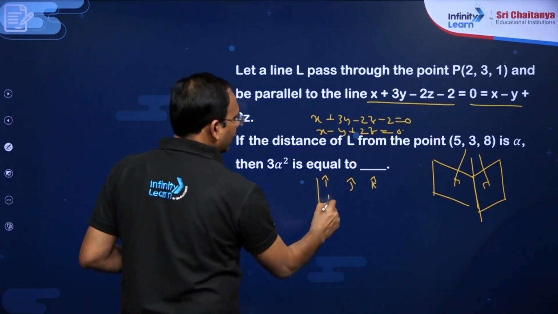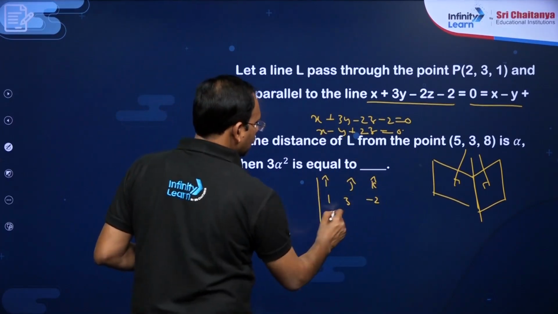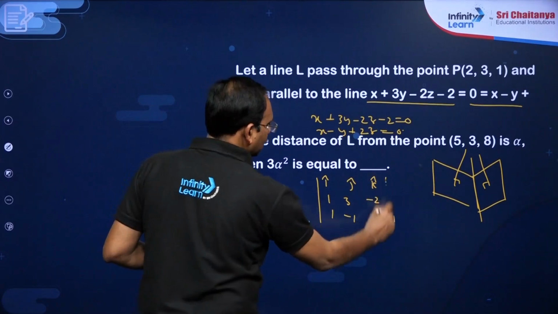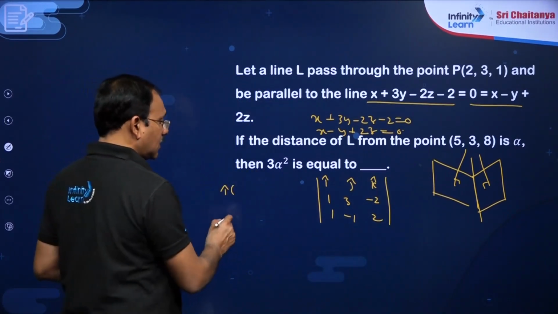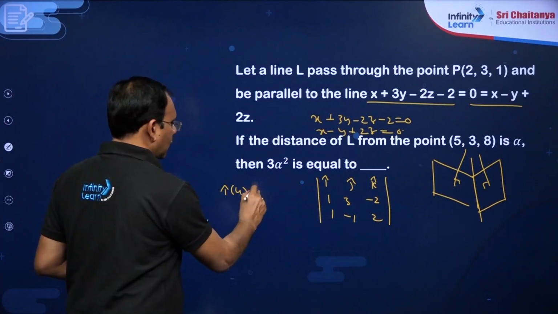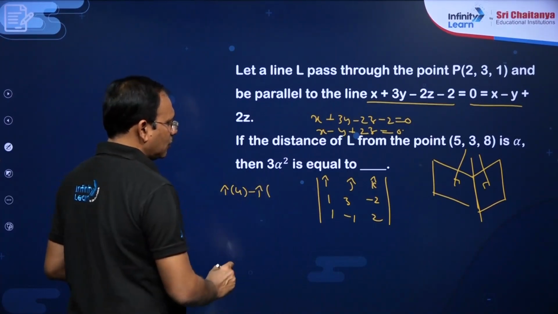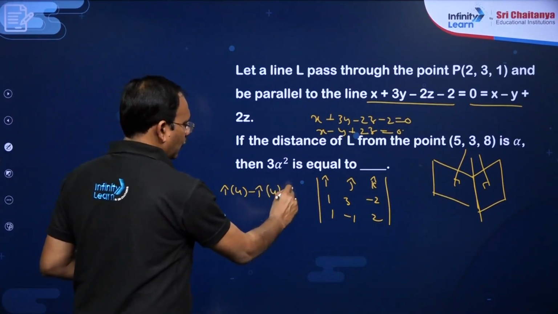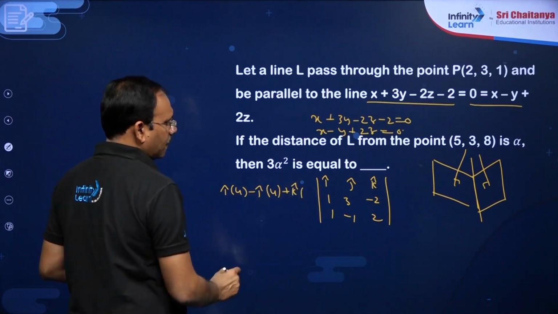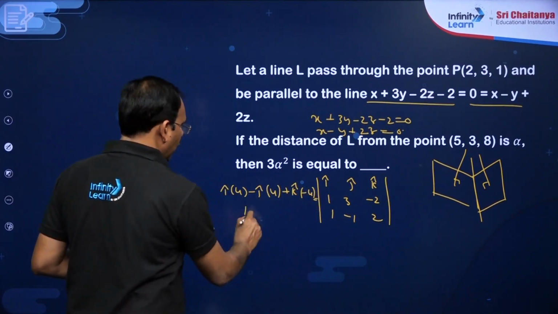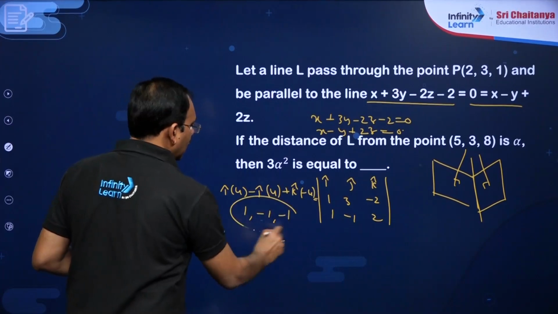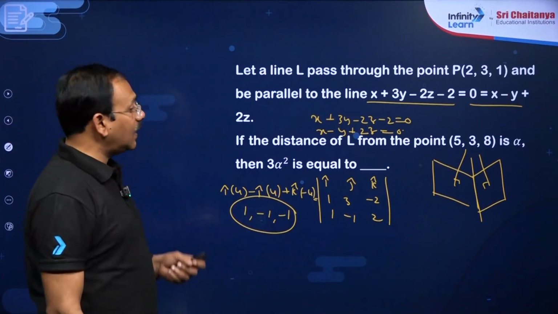The normal DR of the first plane is 1, 3, minus 2, of the second plane 1, minus 1, 2, which becomes i cap into 6 minus 2 is 4, minus j cap into 2 plus 2 is 4, plus k cap into minus 1 minus 3 is minus 4. That means 1, minus 1, minus 1 are the DRs of the line.